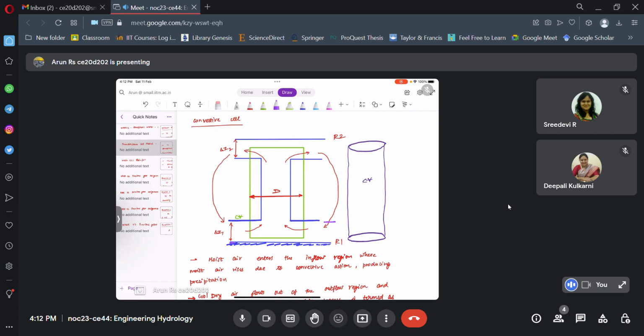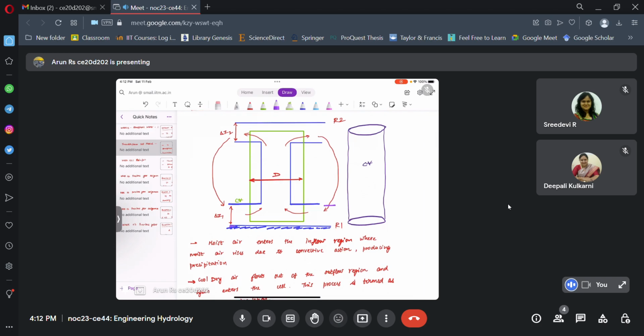Then we have the inflow region through which the water vapor goes in, and the outflow region through which the water vapor goes out. And at the top we have the region where this vapor comes out, and we have the cloud top. That depth is defined as delta Z2, and this control volume is cylindrical in shape, and it has a height of h. This height represents the height from the cloud base to the top of the convective cell.